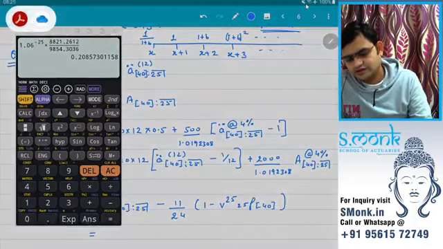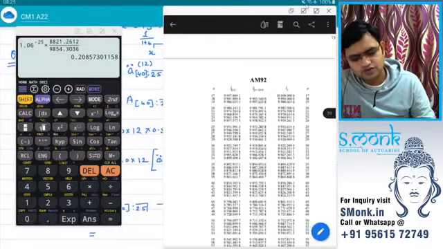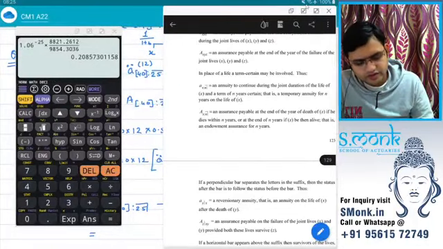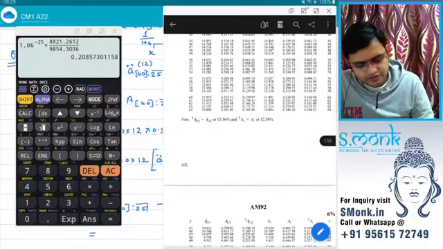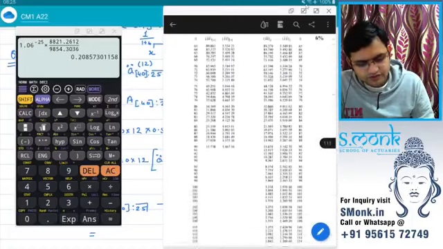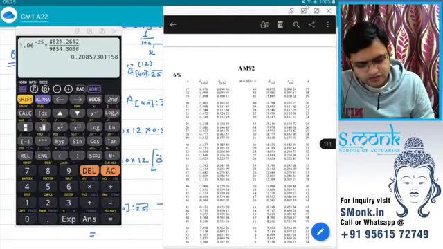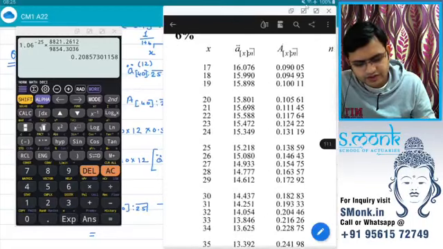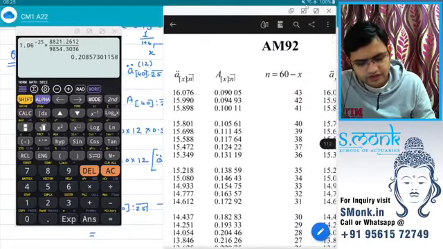Now let's go to the AM92 4%, actually 6%. We are looking for the endowment values. So endowment, that is temporary annuity, we are looking for 65.